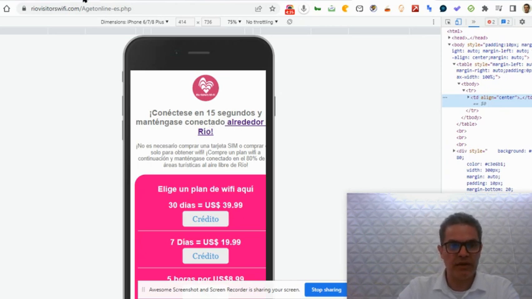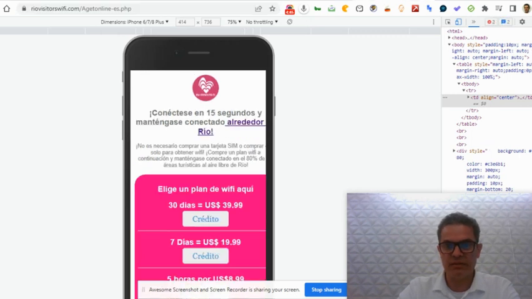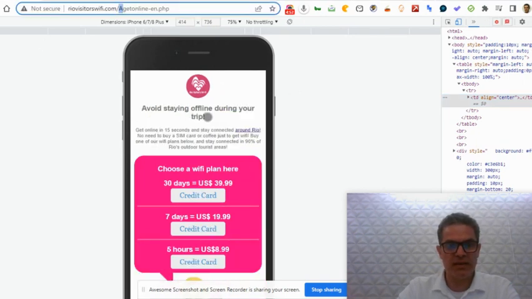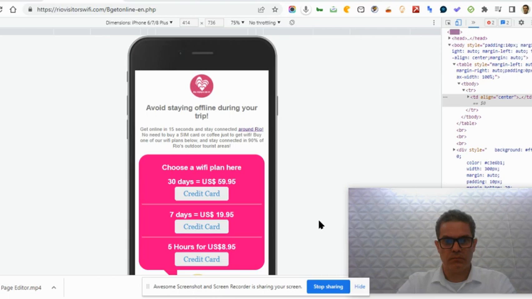That sold better for the Spanish market, while for the American and British English-speaking market, it was "Avoid staying offline during your trip." We tested these two against each other, translating this to English and this to Spanish. This didn't test well in Spanish, but this tested very well in English, better than "staying connected."